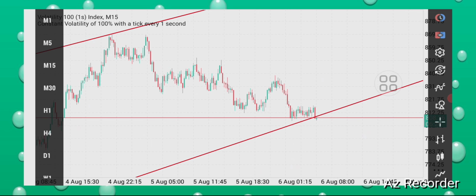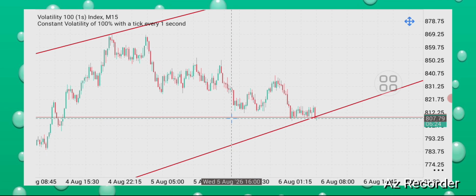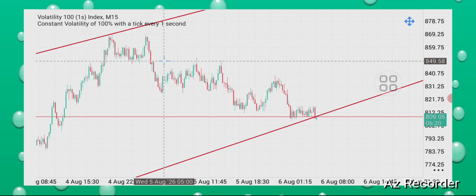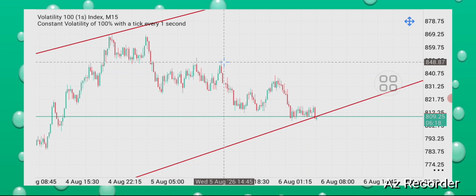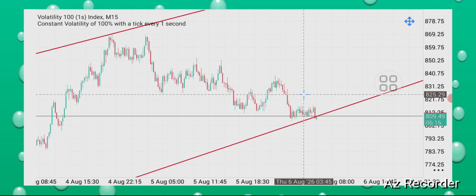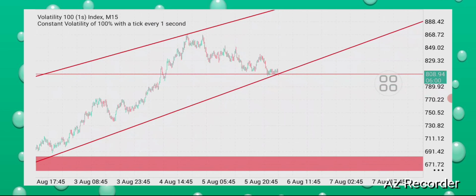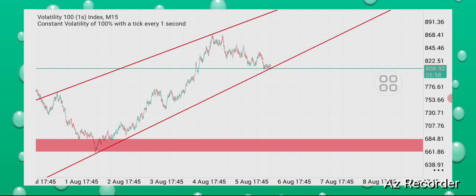From here we can see a small double bottom, and another double top here, so we can trace the movement of this market using a smaller time frame. The chart patterns, maybe the pennant, the rectangle, the cup and handle, you normally trace them using the shorter time frame. So basically that's what we do when analyzing these volatility indices.